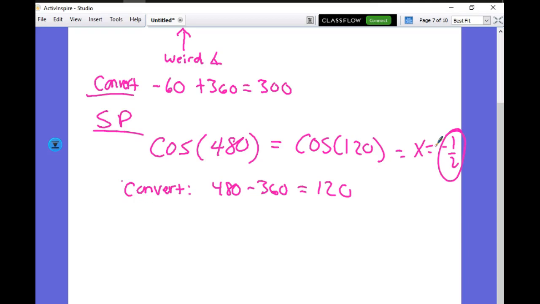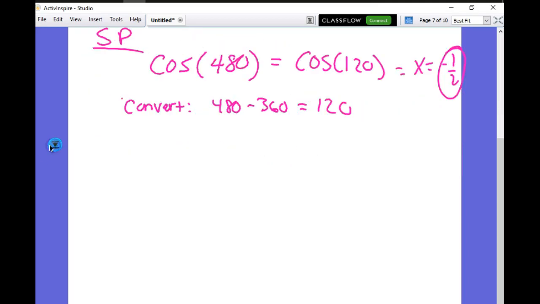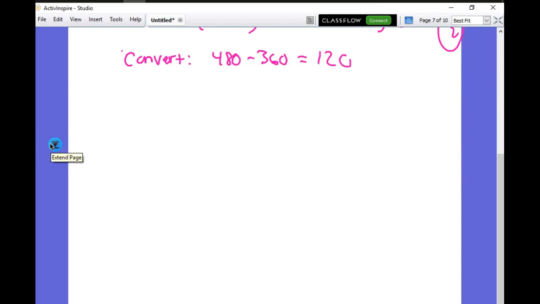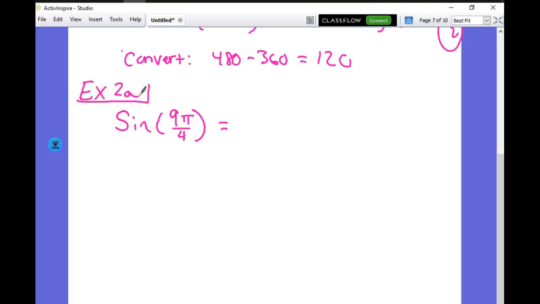Let's do another one. Let's do sine of 9 pi over 4. Example 2a. All right, so we look at our unit circle. We see it's not there.